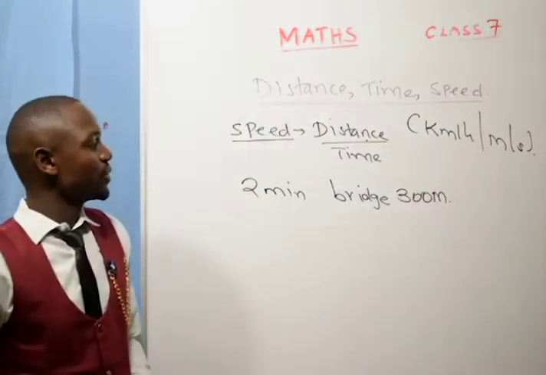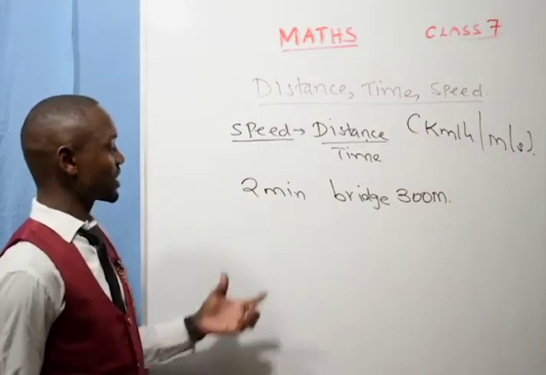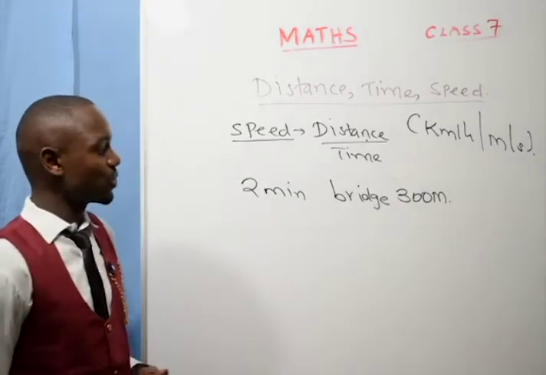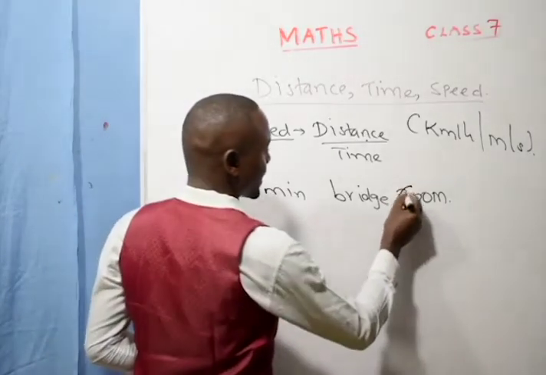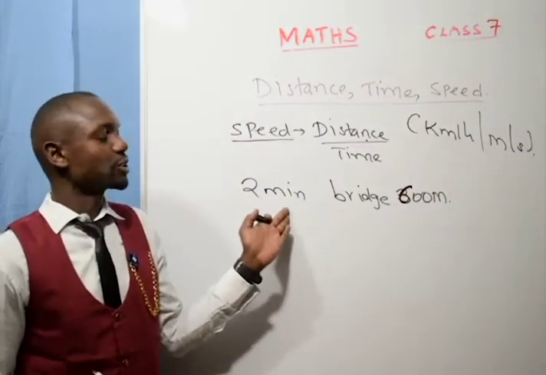Let's say 600 meters. At what speed was that train traveling in meters per second?